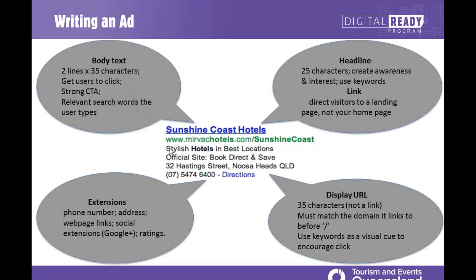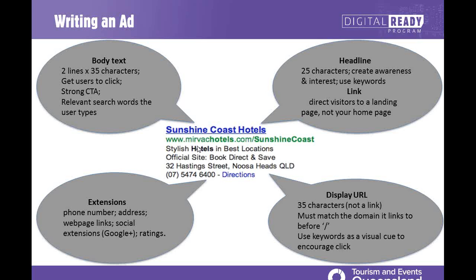Your body text, you've got 2 lines of 35 characters each, and the idea is to get the users to click, so make it strong. Have a strong call to action in there. Book direct and save, for example. Book today, book now, book and save, you know how to write calls to action, whatever you want people to do, make sure it's strong and make it relevant to the search words the user typed.